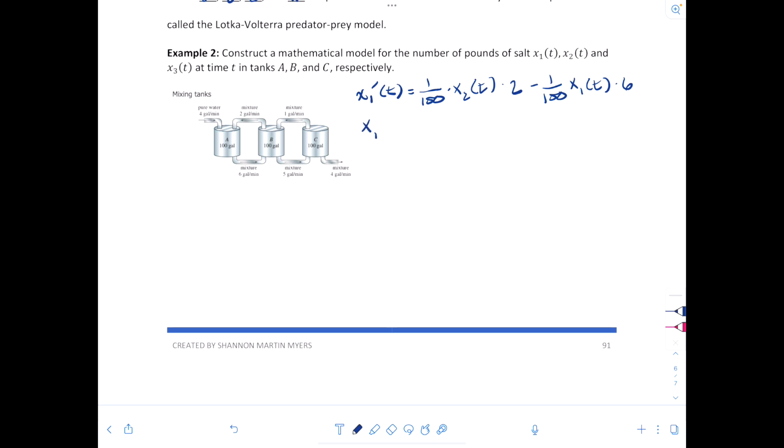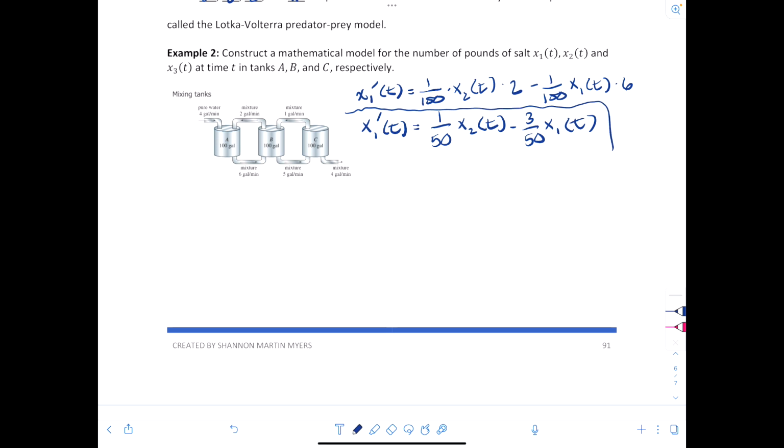So if we simplify that, x1 prime at t would end up being 1/50th x2 at t minus 3/50ths x1 at t. Cool? So that'll be our first equation. Actually, we'll have it at the end.